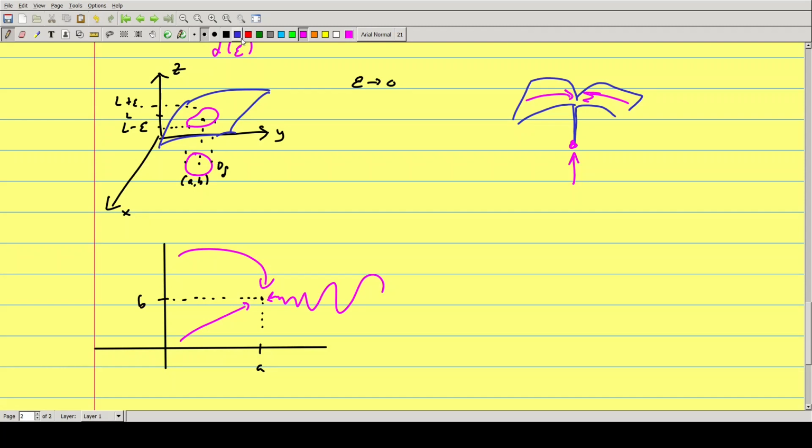I can take more normal looking paths too. But it doesn't matter which way I come in. If the limit exists, all of these paths have to give me the same answer. No matter how complicated the path is.